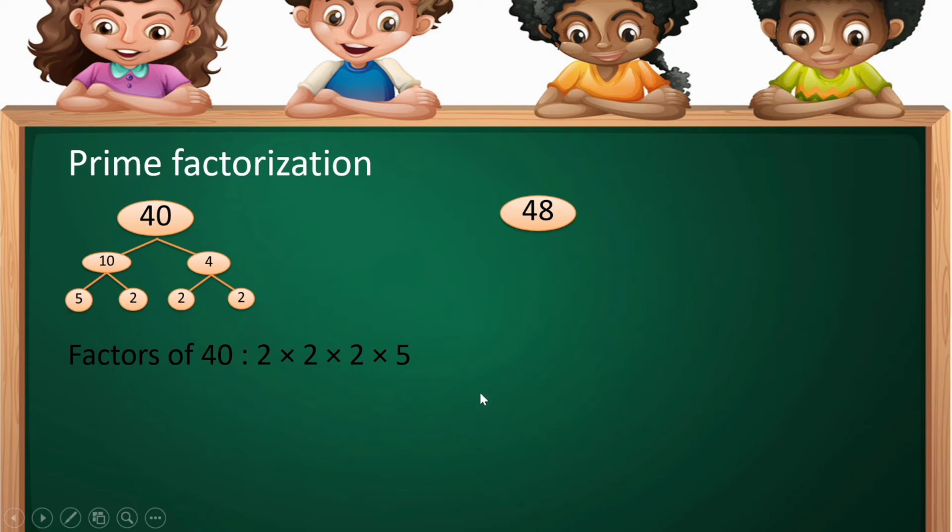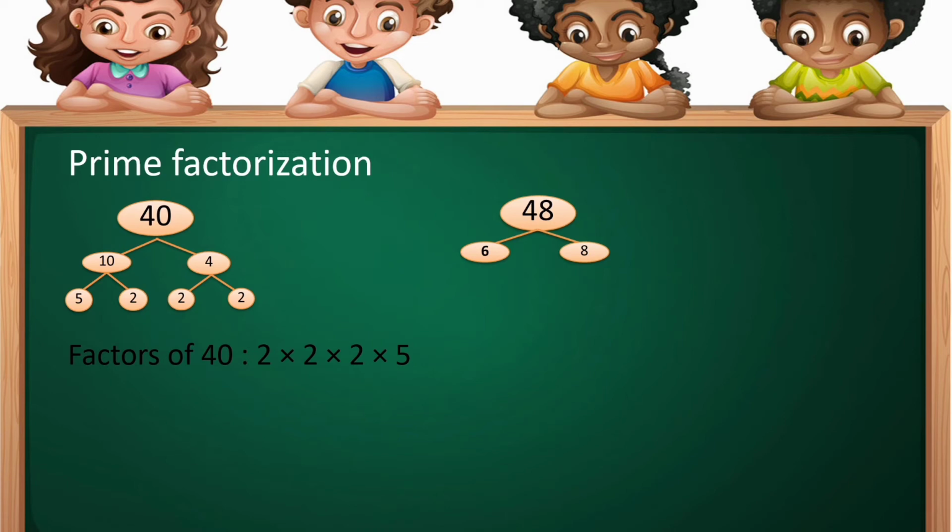Now proceed to 48. Two numbers that when you multiply them give you 48. The answer is 6 and 8.